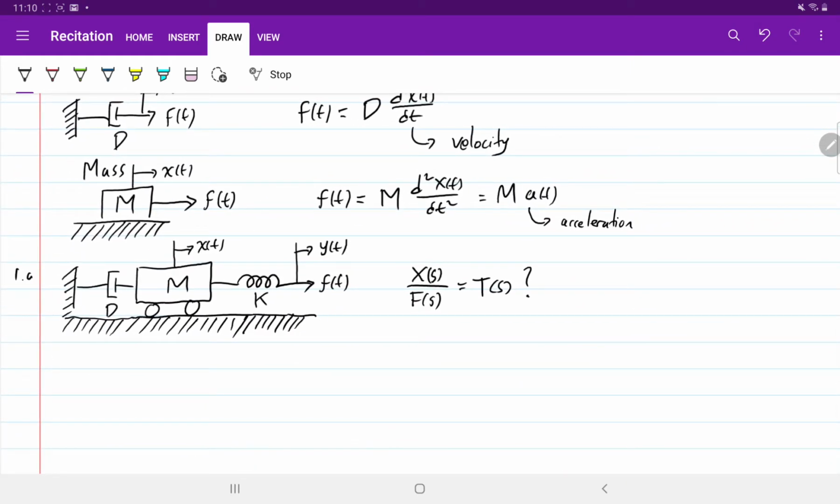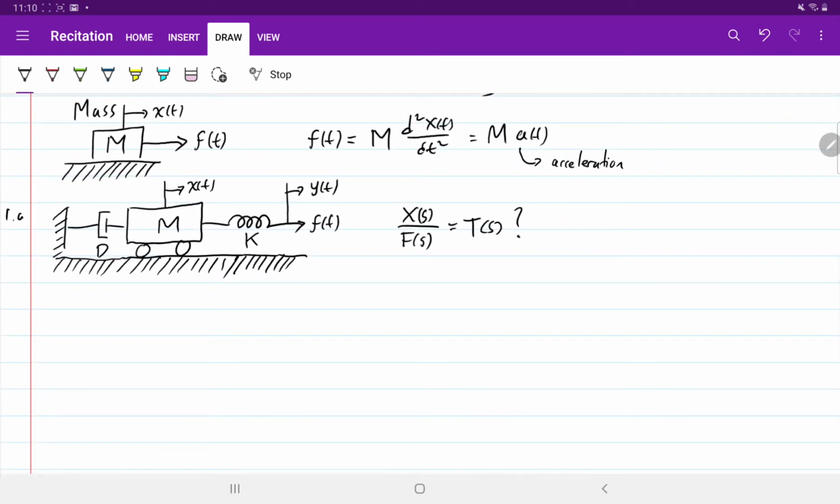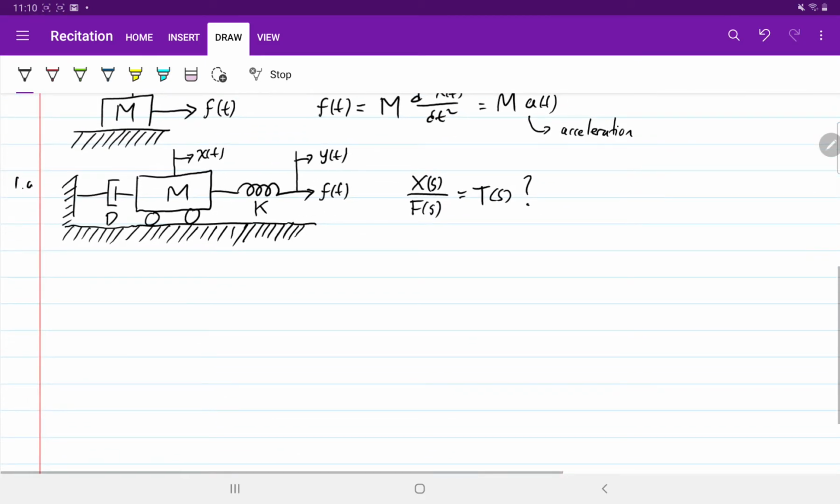Okay, now the first problem is we have this system, and the question is what is the transfer function between the position of the mass and the input of the force. So the constant of the damper is d, the mass is m, and the spring constant is k.